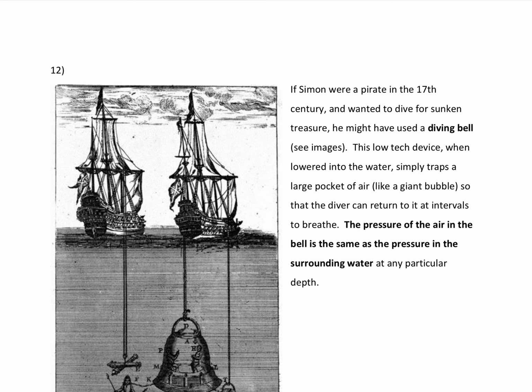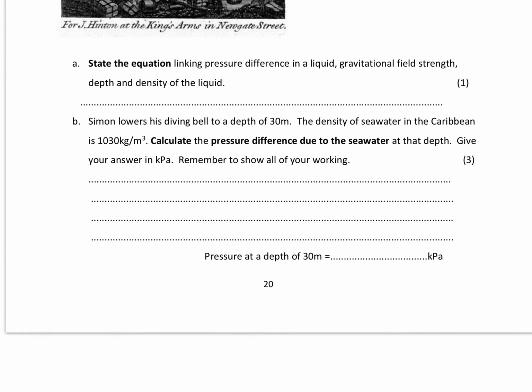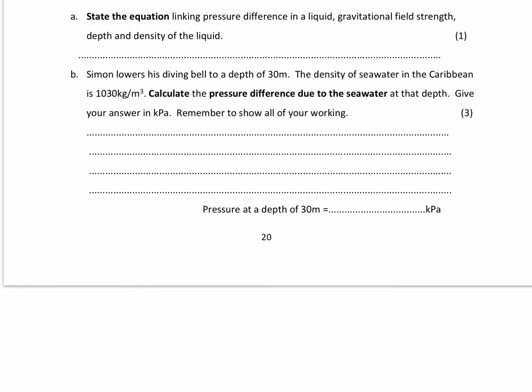So let's have a look at what the question is asking. So first of all, state the equation. It's a simple equation. So if you've learned it, you'd be fine. So the pressure difference is equal to depth, so height, h rho g: depth times gravitational field strength, and I really didn't mind if you used symbols.